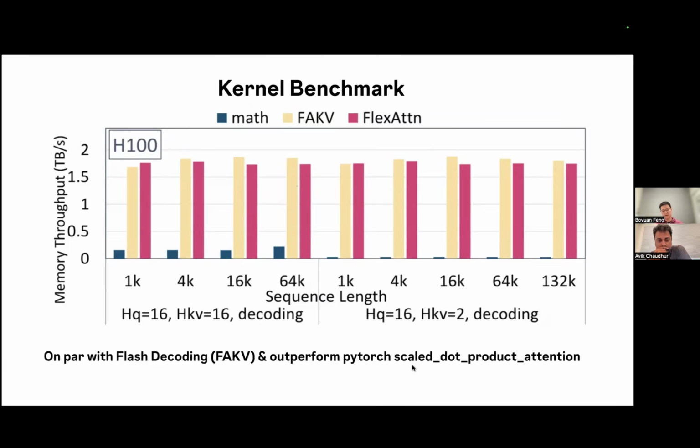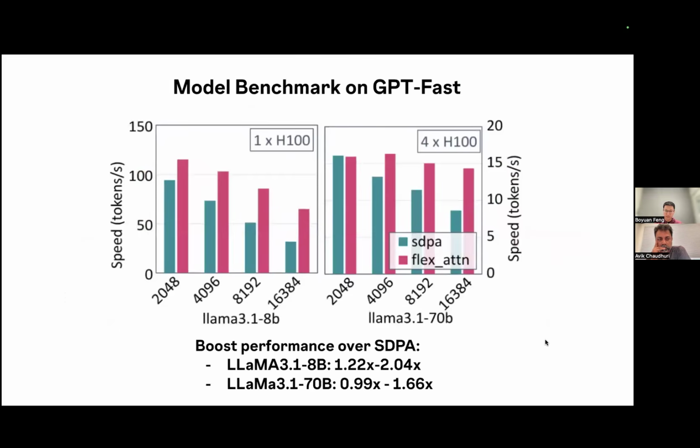Also, we have scaled dot product attention, which is much slower compared with FlexAttention. We also integrated into GPT-Fast for some model level benchmarks. We tried it on Llama 3.1 8B and 70B. We can see a significant amount of speedup over various lengths.